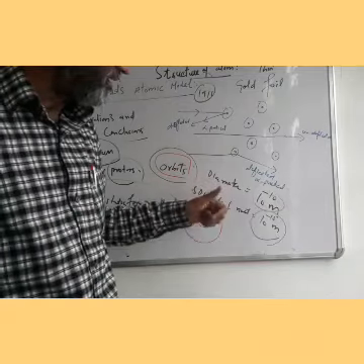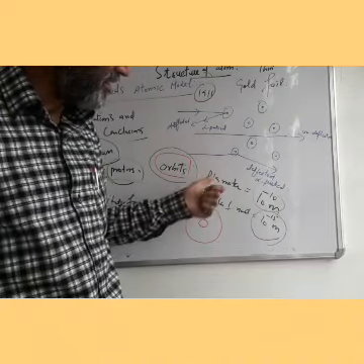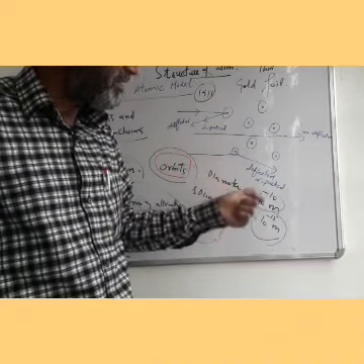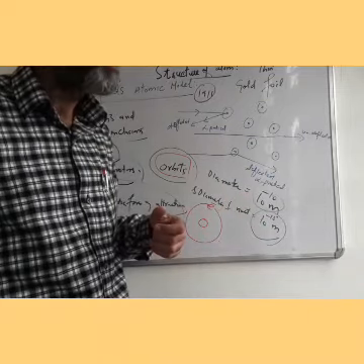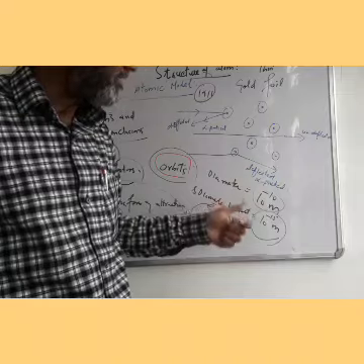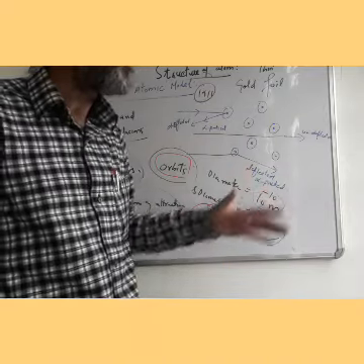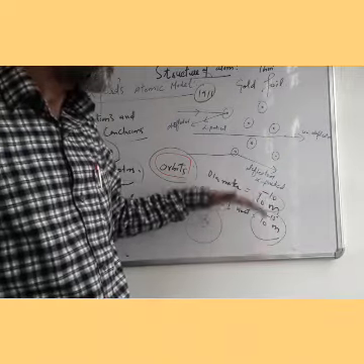He made some calculations and found that the diameter of the nucleus is 10 raised to the power minus 15 meter, whereas the diameter of the atom is 10 raised to the power minus 10 meter. How can we understand this comparison?